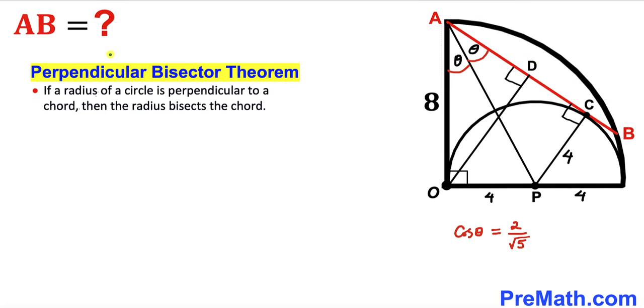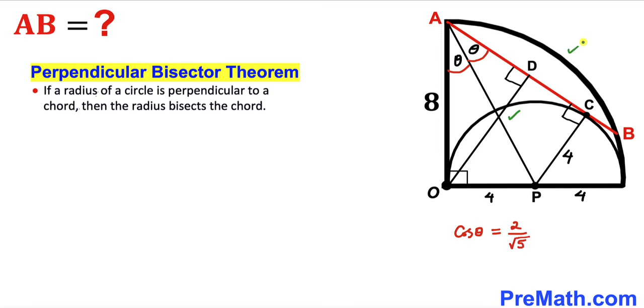And now let's recall the perpendicular bisector theorem. According to this theorem, if a radius of a circle is perpendicular to the chord, then the radius bisects the chord. Here we can see that this AB is the chord for this quarter circle, and this perpendicular AD is part of this radius.